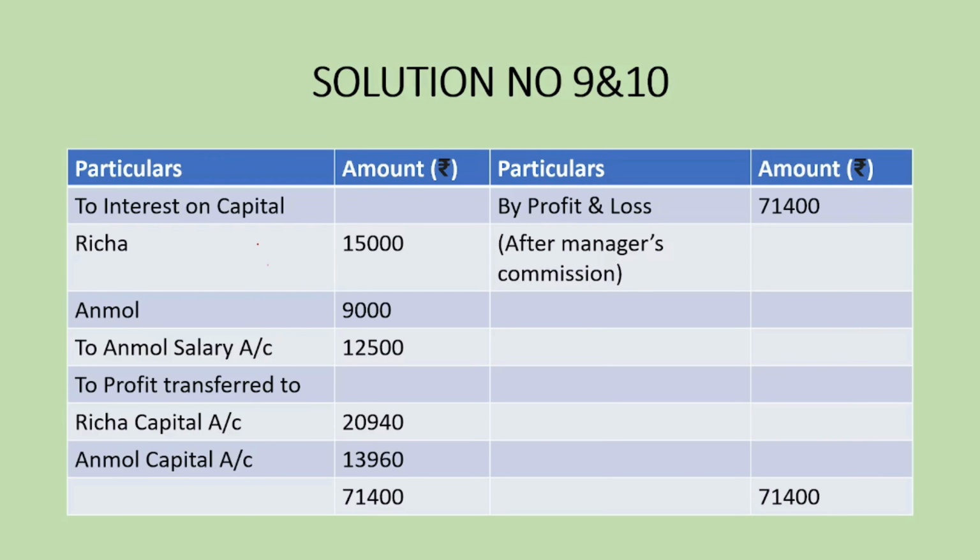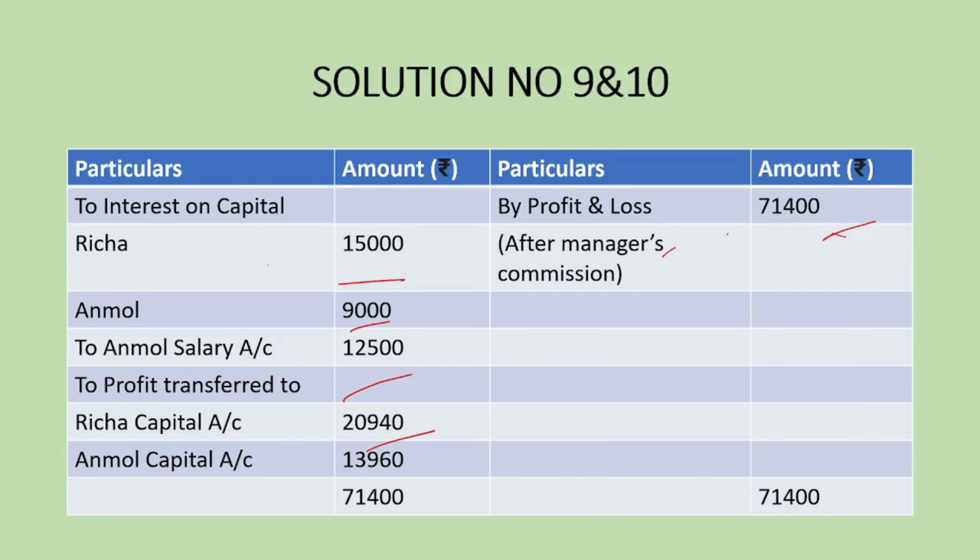When we do the sum, we find that the interest on capital of Richa is 15,000, Anmol is 9,000, and what we can see over here, and this is already written in the question, 12,500, and we get the profit transferred to Richa and Anmol capital as 20,940 and 13,960, and the profit and loss that is coming after manager's commission is 71,400.